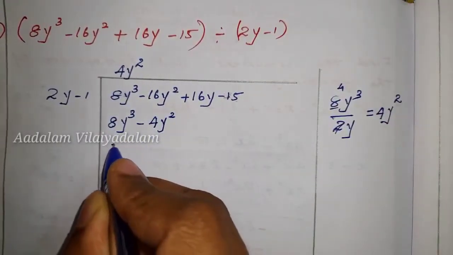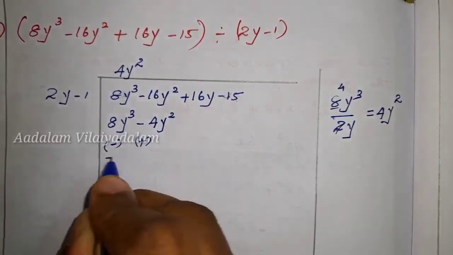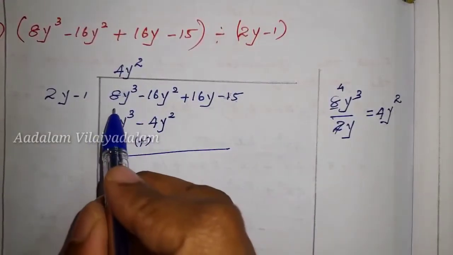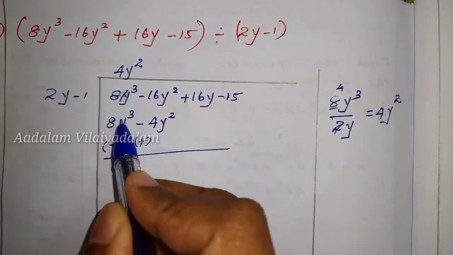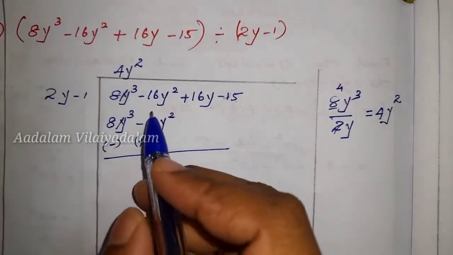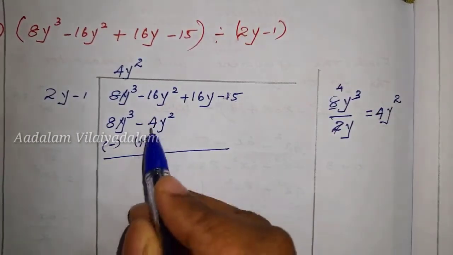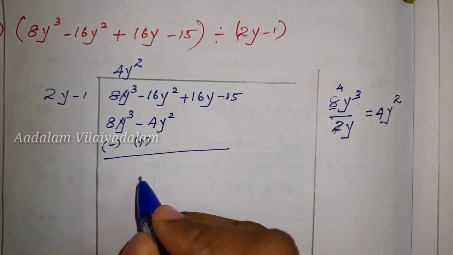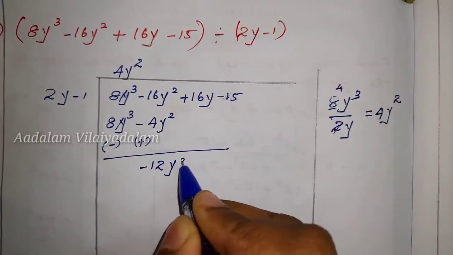So here plus means minus, here minus means plus. The first term cancel. This is plus 8y cube minus 8y cube, that is cancel only. So the second term is minus 16 plus 4, so the answer is minus 12y square.